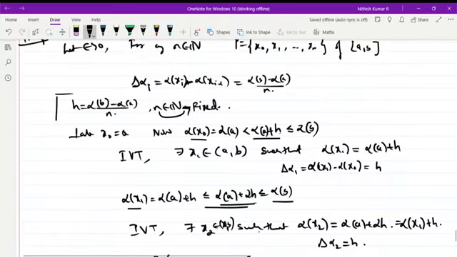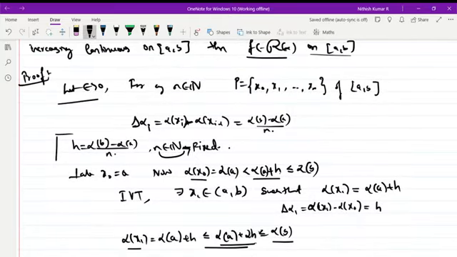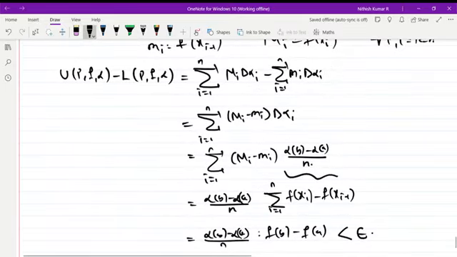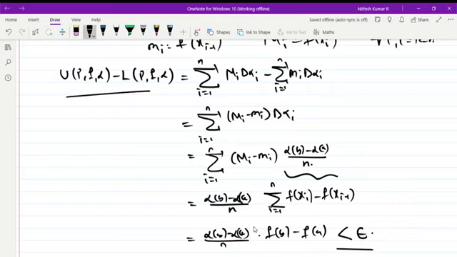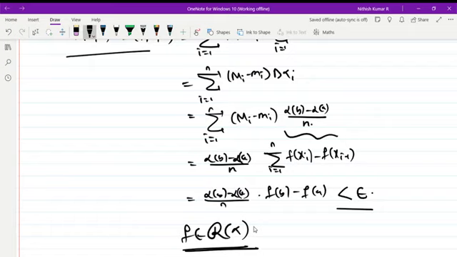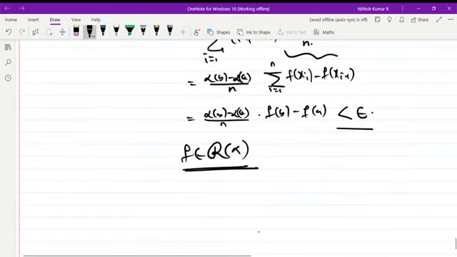So for this arbitrary epsilon greater than 0, I got a partition P of closed interval a comma b such that U(P,f,alpha) minus L(P,f,alpha) is less than epsilon. This verifies the Riemann criterion for f, and hence f belongs to R of alpha. That is, f is Riemann-Stieltjes integrable. Okay, so let's continue.